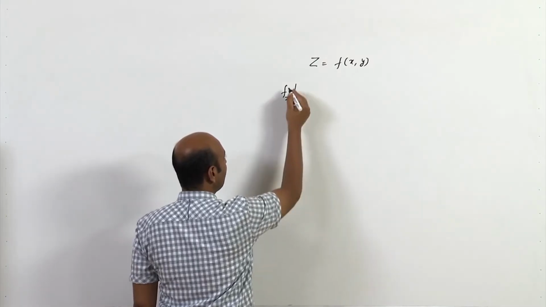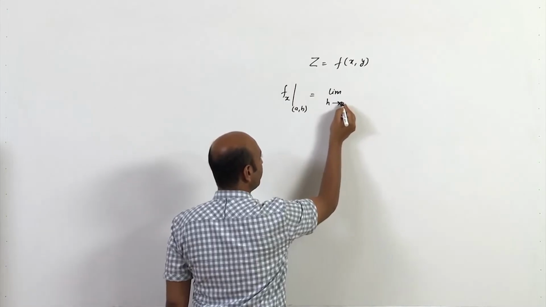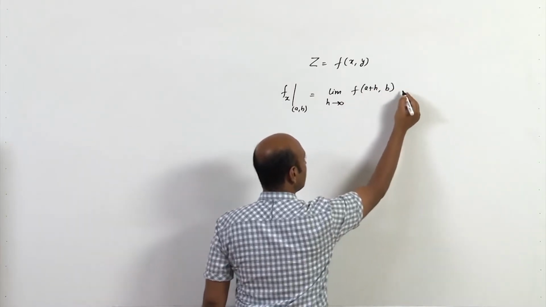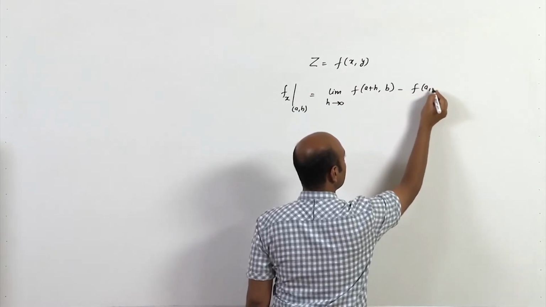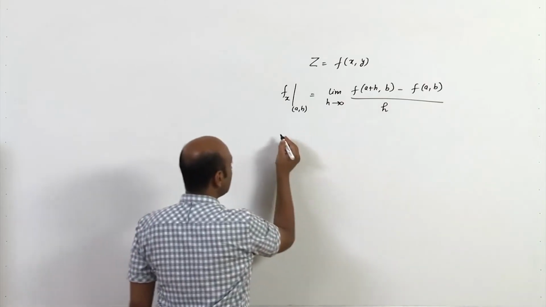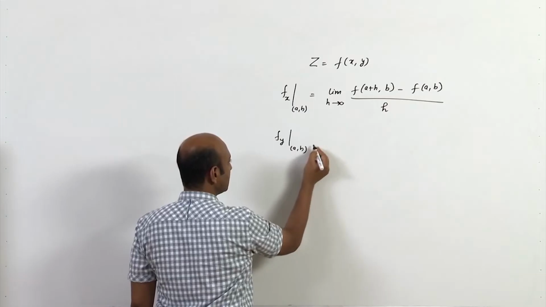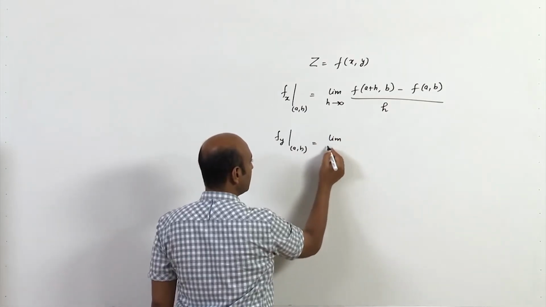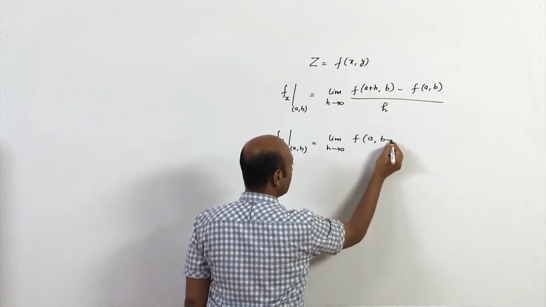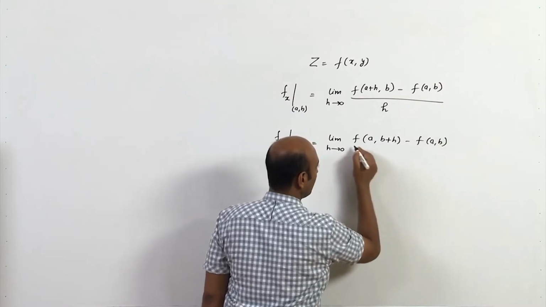It is simply ∂f/∂x, which is the limit as h tends to 0 of [f(a + h, b) − f(a, b)]/h. And similarly, f_y at (a, b) is the limit as h tends to 0 of [f(a, b + h) − f(a, b)]/h.